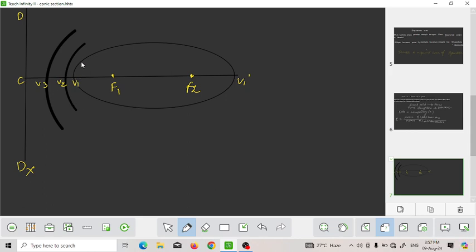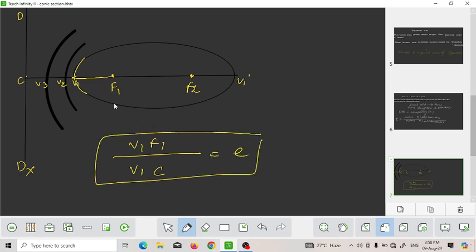If we select this curve, this point is the vertex point, this distance to the focus and this distance to the directrix. So V1F1 divided by V1C is called the eccentricity.